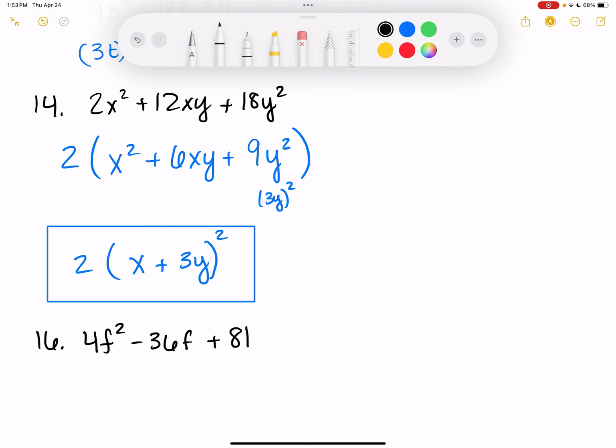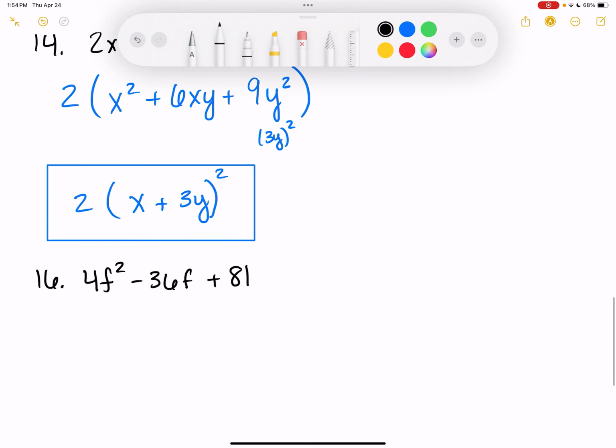So the first term would be 2f squared. What squared is 81? 9. So 9 squared is here. Now I've got 2 times the first term, so that would give me 4f so far, times the last term. Well, 4 times 9 is 36.